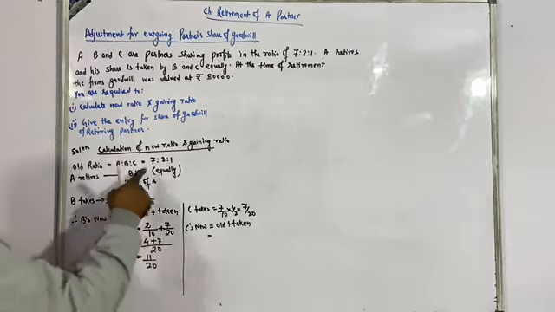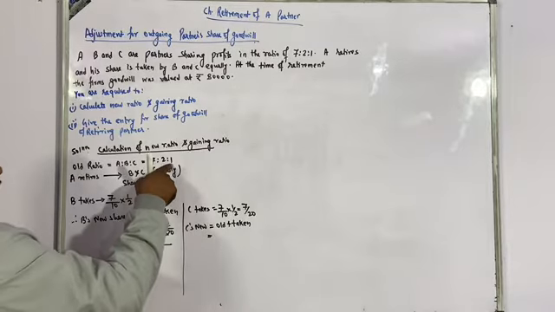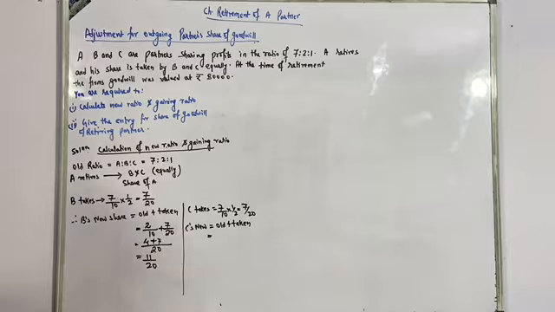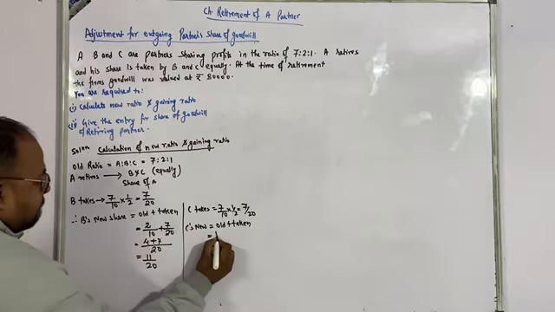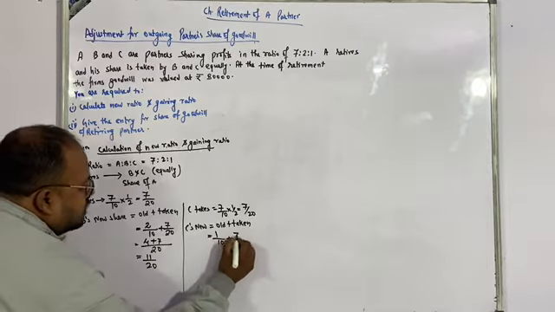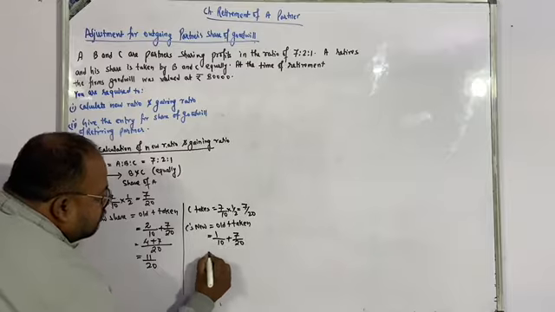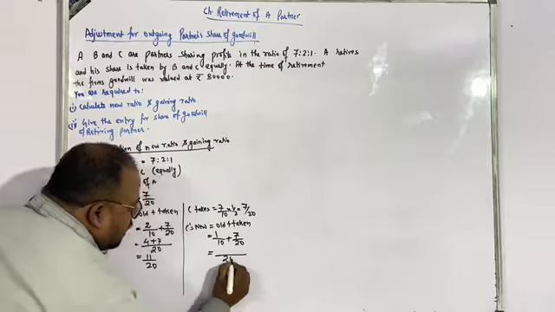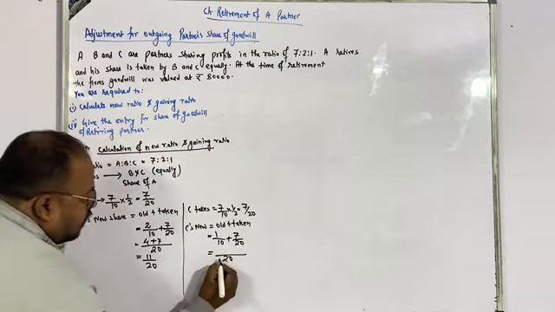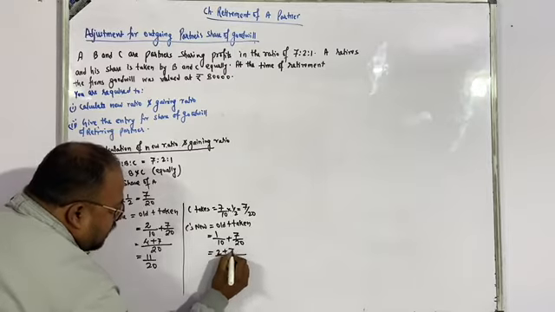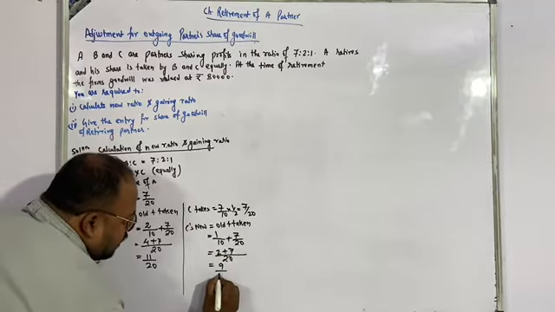C's old share is 1 by 10 plus taken, which is 7 by 20. LCM is 20. 2 plus 7, that is 9 by 20.